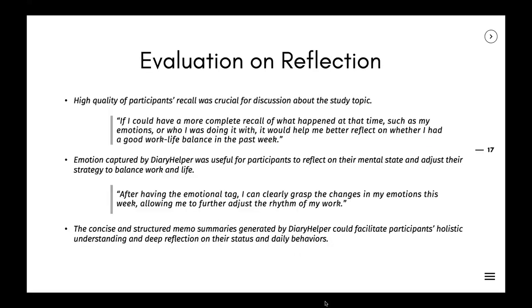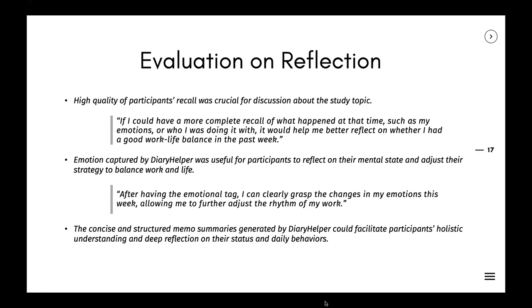We also carried out a qualitative analysis of participants' reflections. We found that the high quality of participants' recall was crucial for discussion about the study topic. Moreover, the emotion captured by DiaryHelper was useful for participants to reflect on their mental state and adjust their strategy to balance work and life.